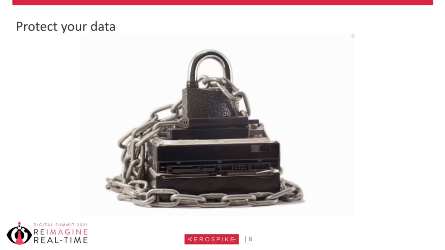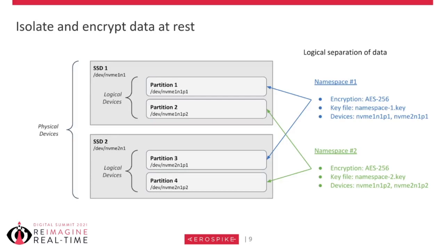And then now that we've controlled access of who's legitimately accessing that data, you also have to protect the data on the servers themselves, so physically protect the data. And in Aerospike, I mentioned before these namespaces that we're scoping access to. They also have some neat properties when you're thinking about how you're configuring the storage layer.